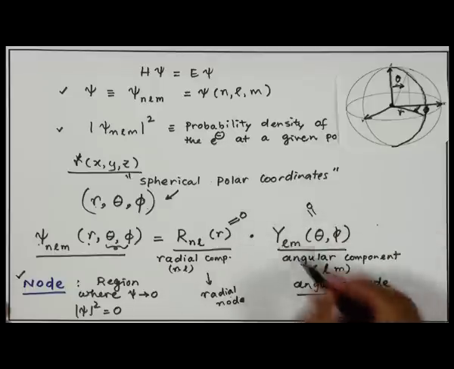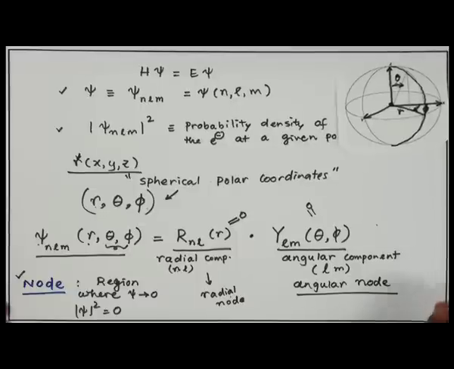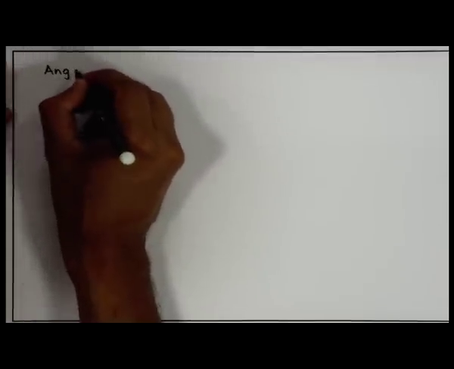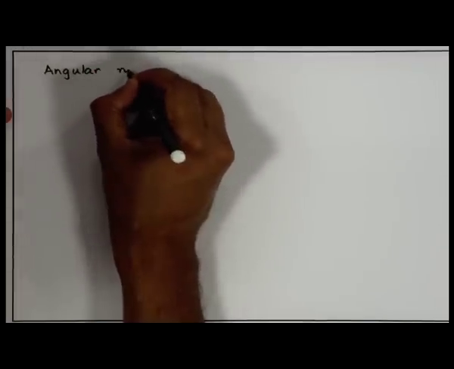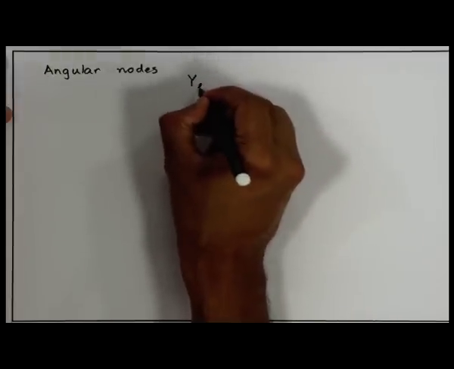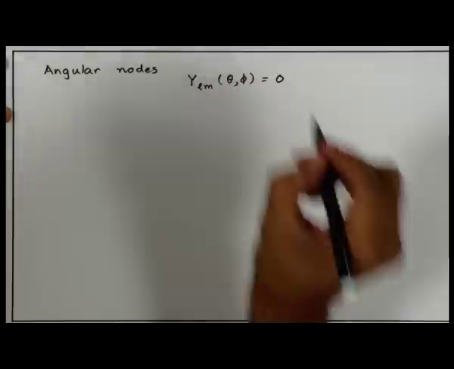When this angular component is 0, then we call it an angular node. Now, we will discuss what we can know about these radial and angular nodes. Let us first discuss the angular nodes, where Y L m, which is a function of theta and phi, is 0.